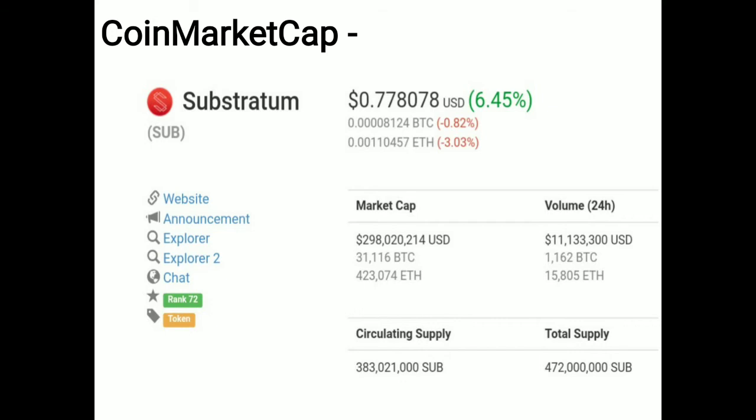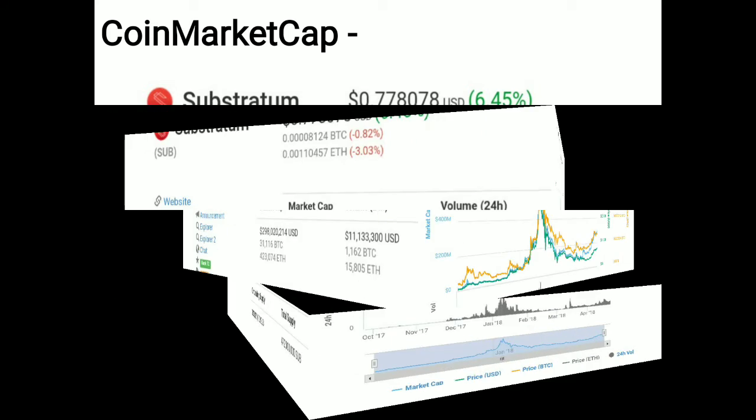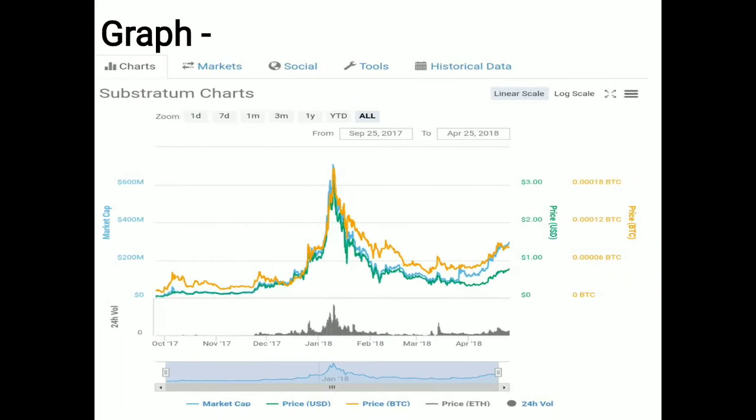Now, let's look at the Substratum coin price. While making this video, I just took a screenshot of it, and right now it is trading at $0.7 on exchanges. The total market cap of this coin is 298 million USD, with a circulating supply of 383 million Substratum coins, and it is ranked 72nd on coinmarketcap.com. Now let's move on to the graph of Substratum.